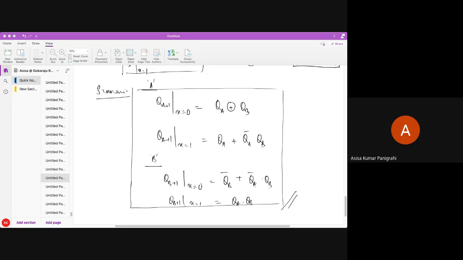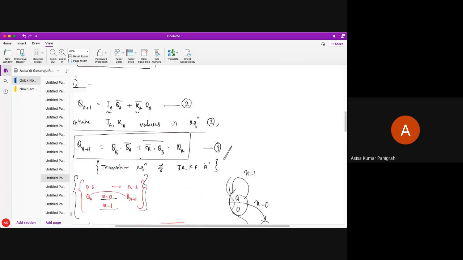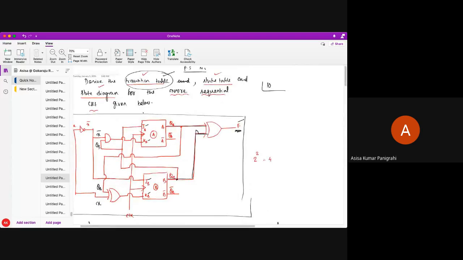Okay, good. Now, next we will go for step number 3. What is step number 3? In the question, what is given to us? We are asked to derive the transition table, state table, and the state diagram.